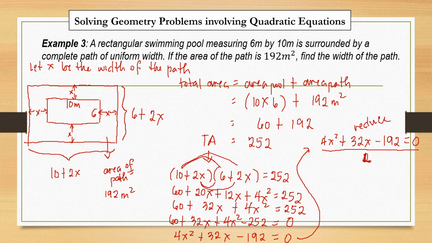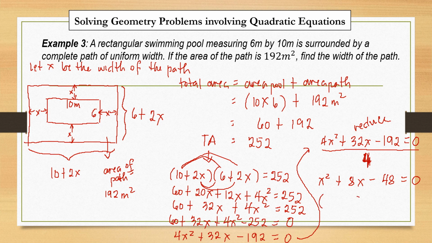Divide the entire equation by 4. So we're going to have x squared plus 8x minus 48 is equal to 0.